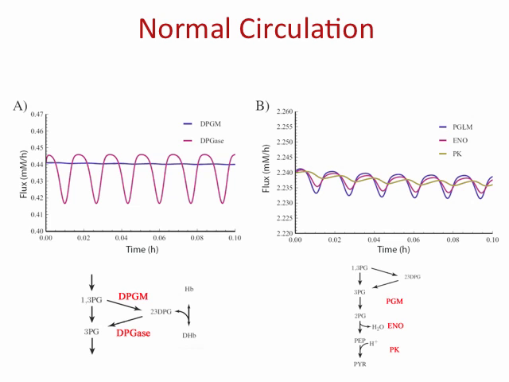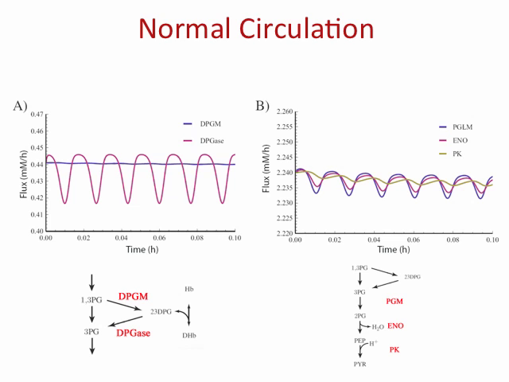Panel B shows the fluxes through the enzymes downstream from 2,3-DPG. So 2,3-DPG goes to 3-phosphoglycerate, and a phosphate is split off there, and then that goes through the mutase, and then through the enolase, and then through pyruvate kinase.